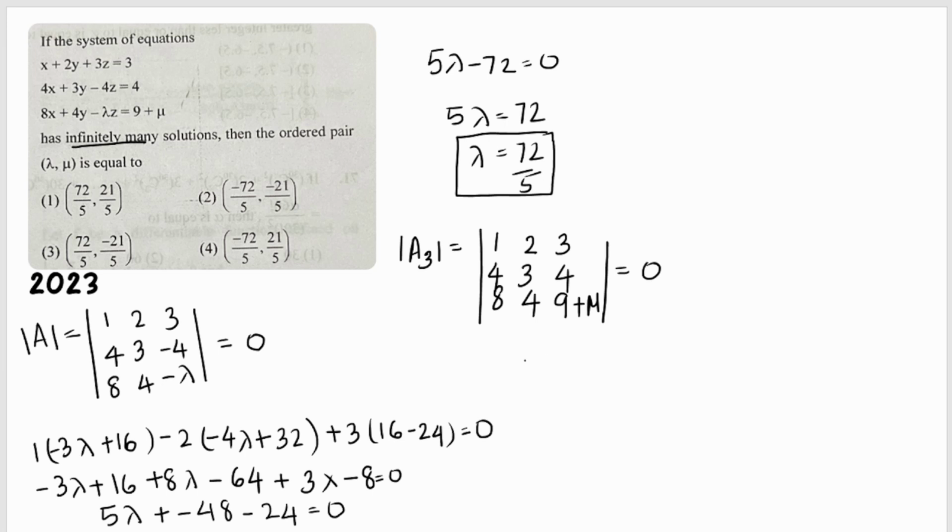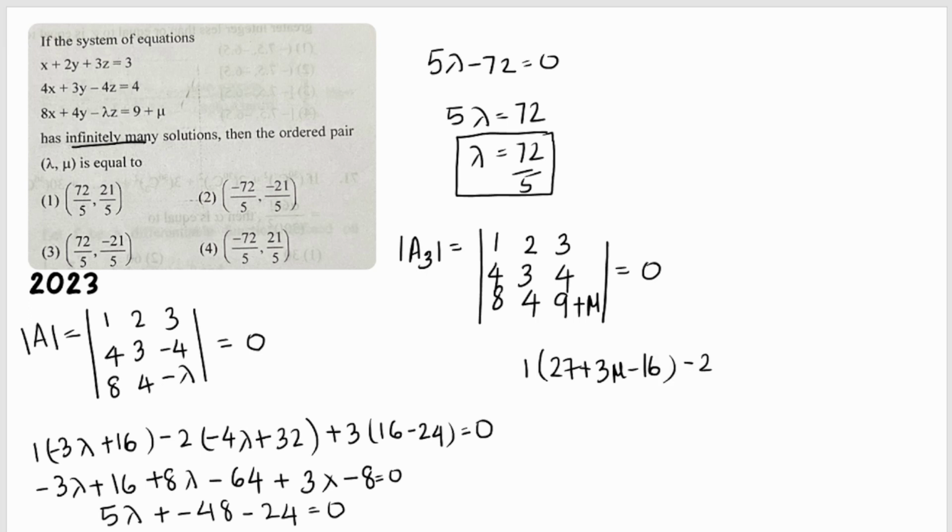Expanding the determinant. 1 into 3 into 9 is 27 plus 3 nu minus 16. 4 4s are 16.